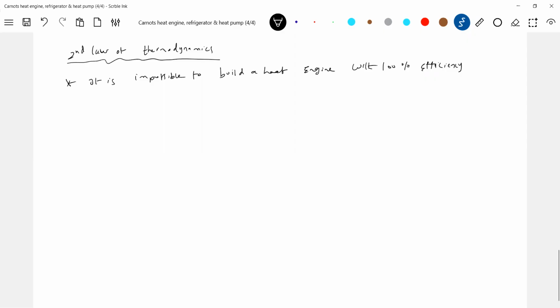Again, the same second law: no device is possible whose sole effect is to transform a given amount of heat.